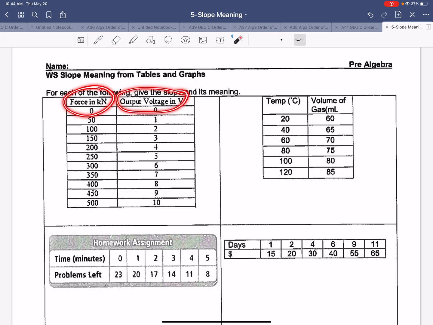Miss Cree might have a better idea than I do, but I think that this is probably volts per something. So your unit, you don't have to understand it. You're going to get your slope, and you're going to say it's volts per kilonewton. I don't really know what that means, but that's all you're going to write. This one right here is volume of gas in milliliters per degree Celsius. So when you get your answer, it's milliliters per degree Celsius.